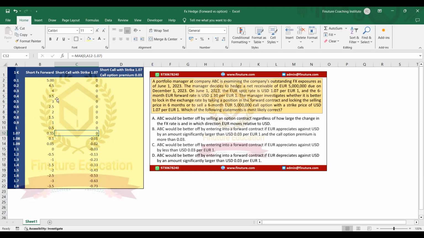Because if the euro depreciates a lot, then here you will have just the premium, but from the forward you will gain massively.